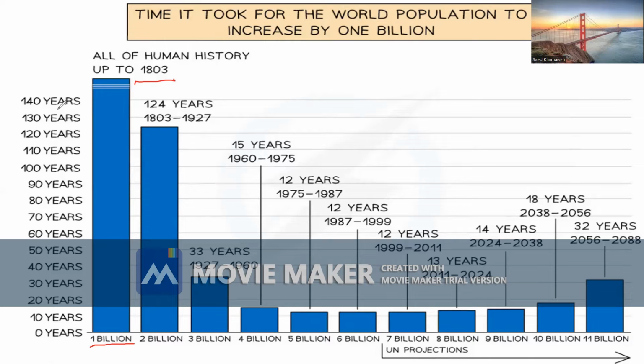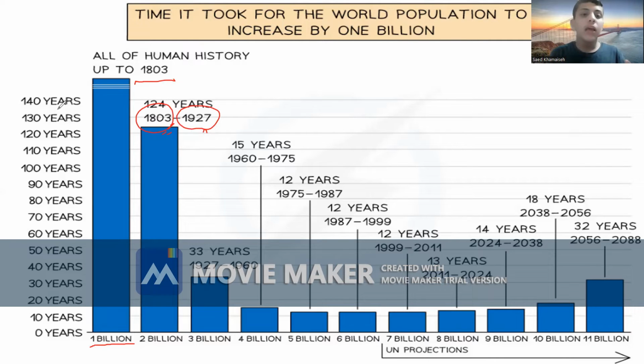But from 1803 to 1927 is 124 years, which means the population doubled. So for all of human history, from the creation of humans until 1803, the population was 1 billion.